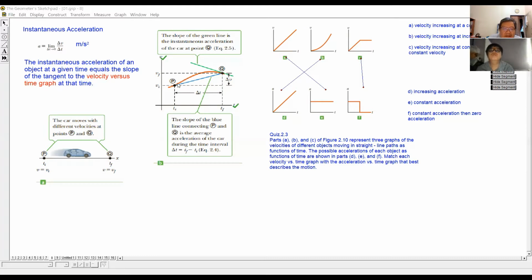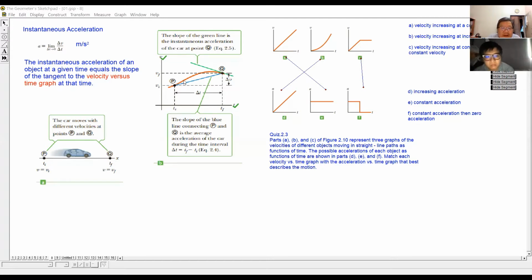Sometimes it is increasing at a very high rate, sometimes increasing but at a lower rate. Probably, let's say at first it's 5 meters per second squared, then sometime later it is only 2 meters per second squared. So the acceleration is changing all the time.